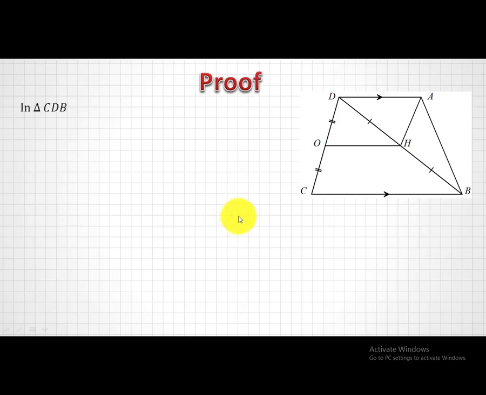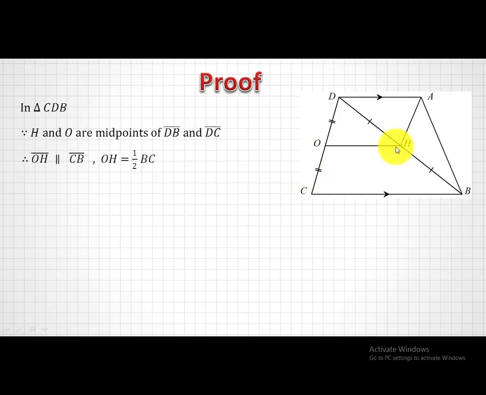In triangle CDB, since points H and O are midpoints of DB and DC, therefore OH is parallel to line segment CB, and OH equals half CB.